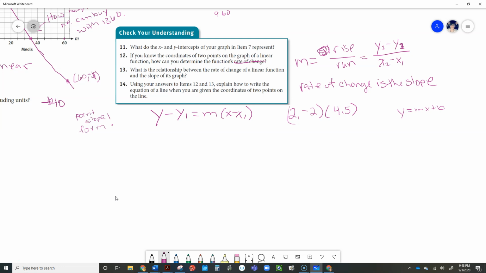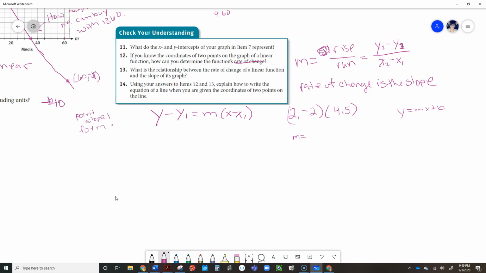You can use it. And this form over here, while it may look like it's easier, students just habitually mess up on this one. They put the wrong numbers in the wrong place. So regardless of which one you use, if you're given 2 points, you must find the slope first. And so you need to figure out which one is point 1, which one is point 2.